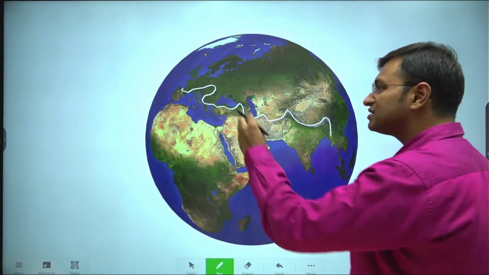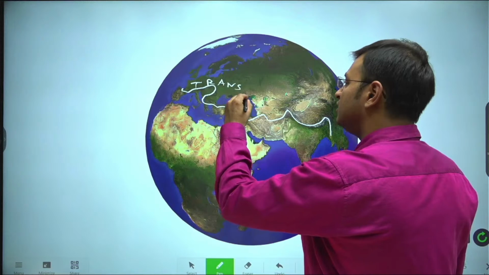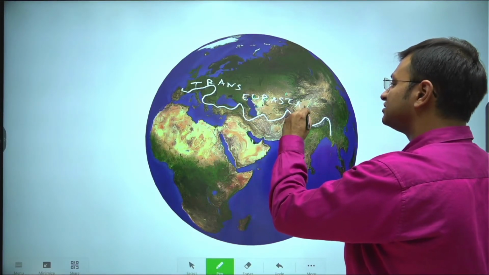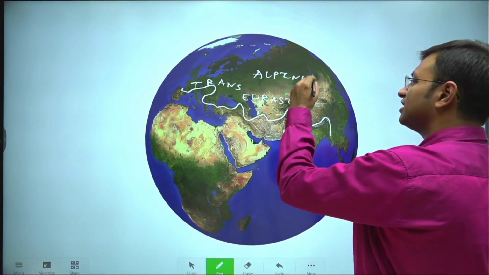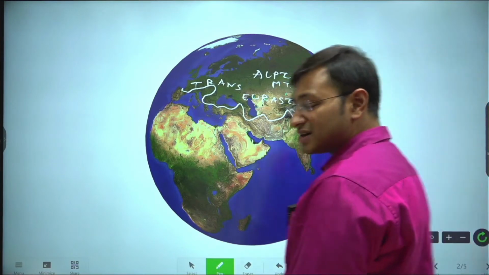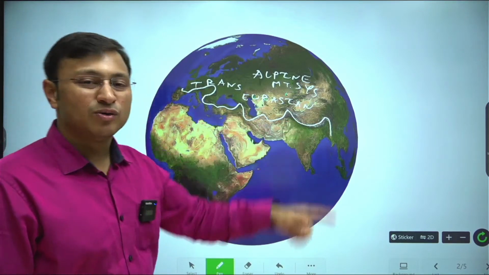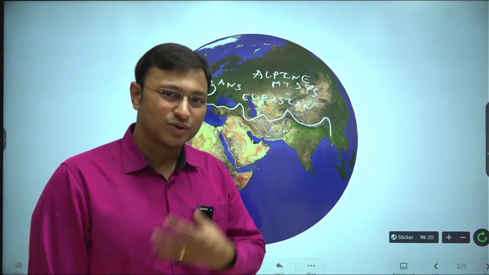So this is called the Trans-Eurasian Alpine Mountain System. So please get this completely properly, that this one complete mountain system is called the Trans-Eurasian Alpine Mountain System.